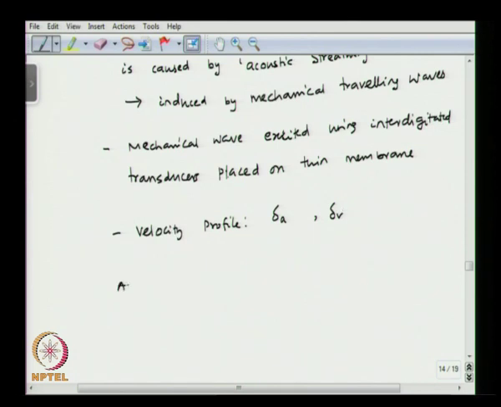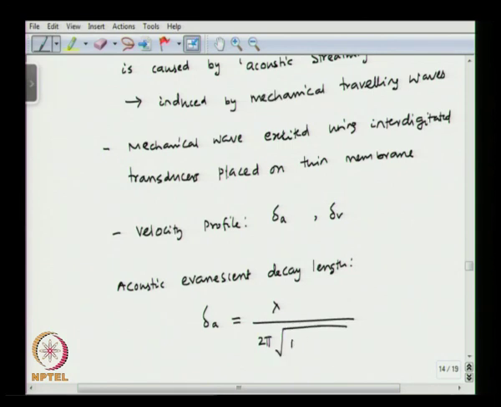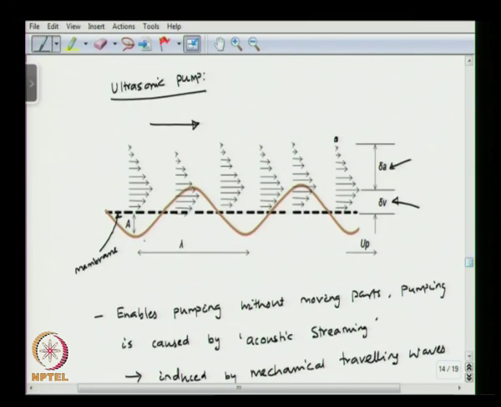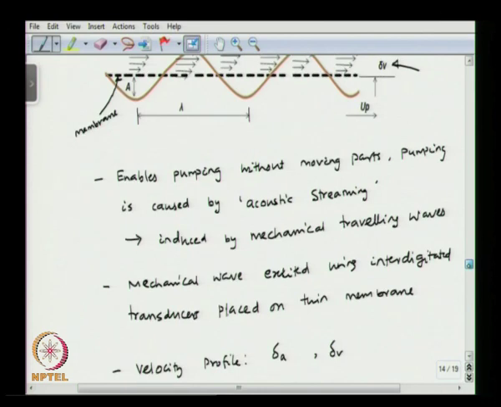The acoustic evanescent decay length, delta A, is given by the expression lambda divided by 2 pi times the square root of 1 minus up divided by us. Here lambda is the wavelength of this flexural wave.